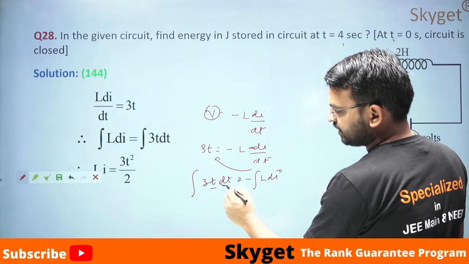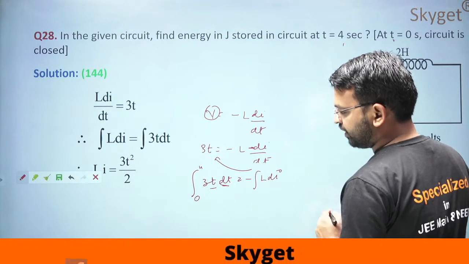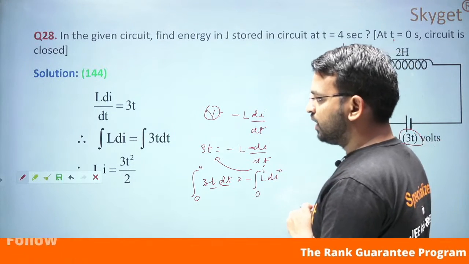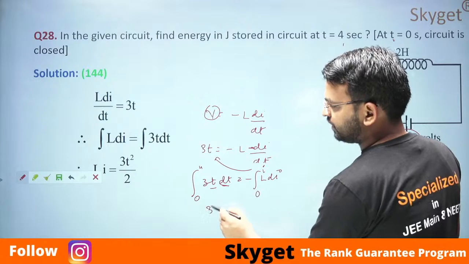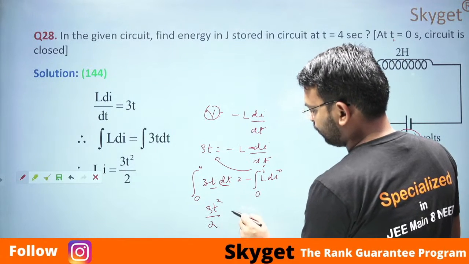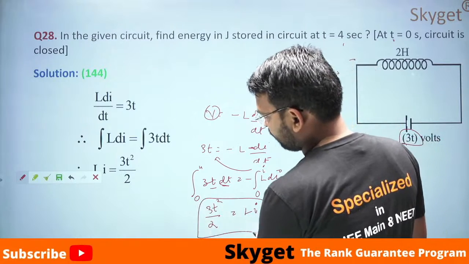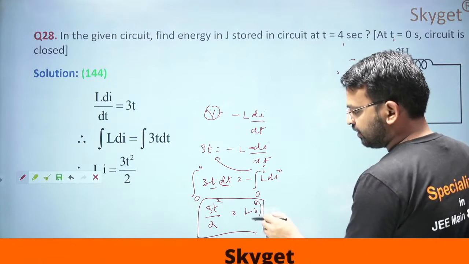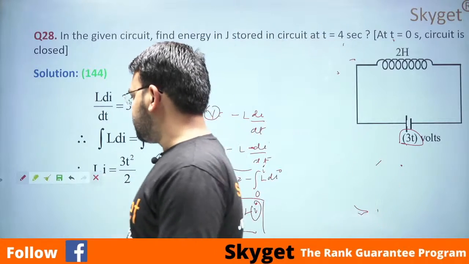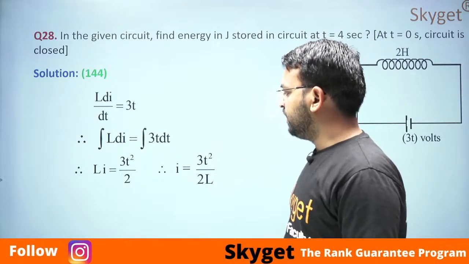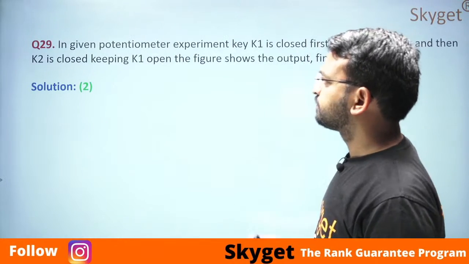So the limit for time should be 0 to 4 here. The current should be from 0 to I, whatever current may be stored. Then if you integrate, 3t square by 2 is going to be L into I. This is the value you will get from here. Use this value and place it in that formula and you will be able to find the stored energy, and that is how you will solve your numerical.